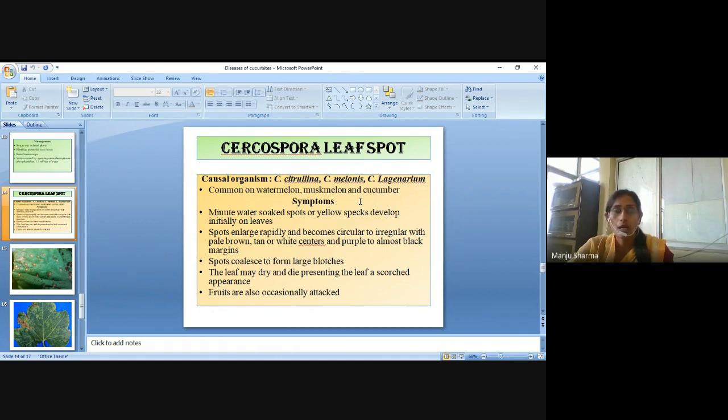The symptoms are minute water-soaked spots or yellow specks that develop initially on leaves. Spots enlarge rapidly and become circular to irregular with pale brown, tan, or white centers and purple to almost black margins. Spots coalesce to form large blotches. The leaf may dry and die, and fruits are also occasionally attacked.